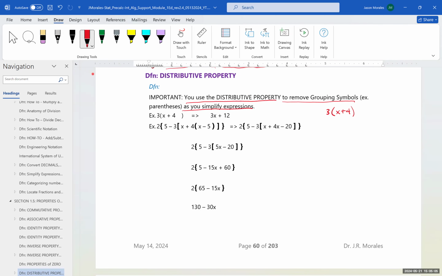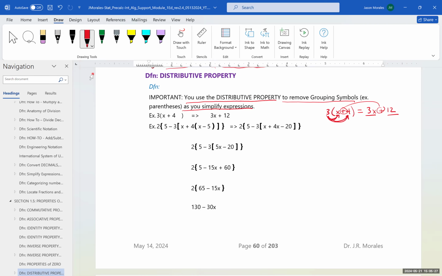You distribute this 3 to each term inside the parentheses, and this is going to be the same as 3x plus 12. So 3 times x is 3x, and 3 times 4 is 12. And this is addition, so you just carry that addition over.